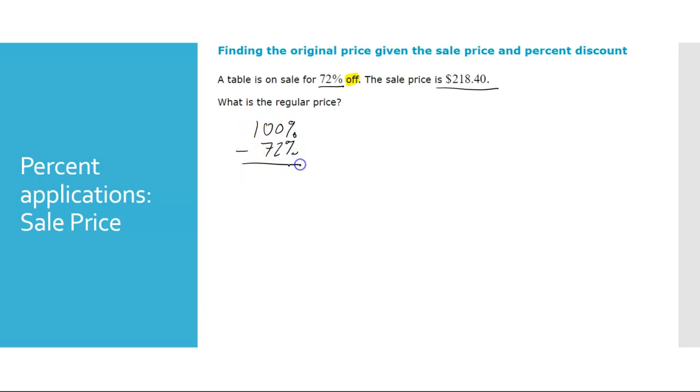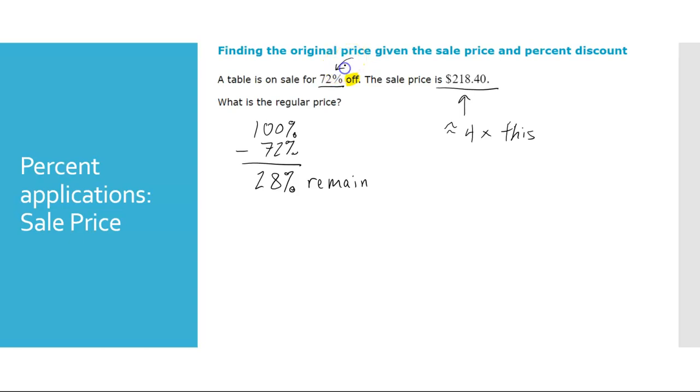So I'm going to subtract those two, get a difference of 28%. That is the percentage of the remaining cost, which means I'm going to expect that the actual price of the table would be just a little bit less than 4 times this amount. I'm going to expect it to be about in the $800 range.